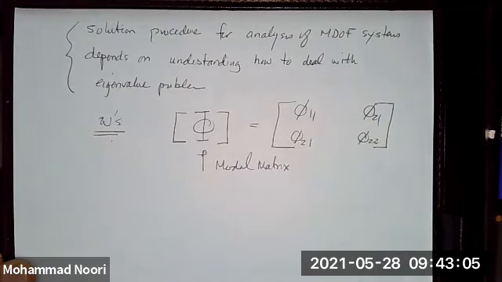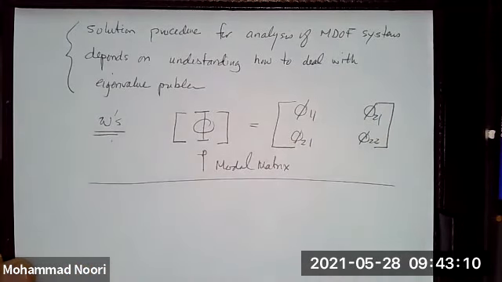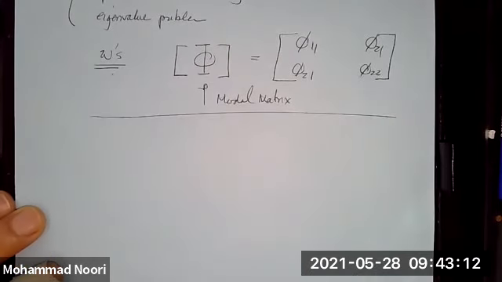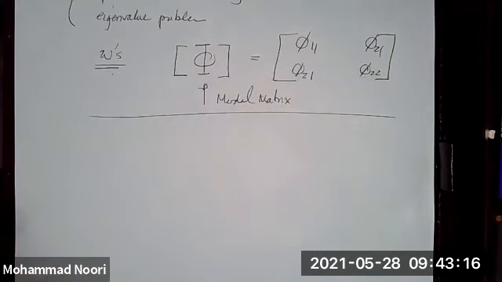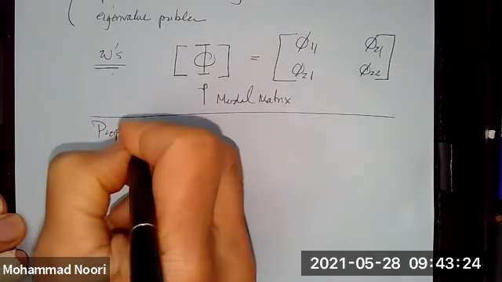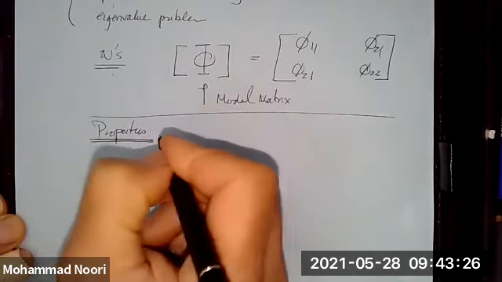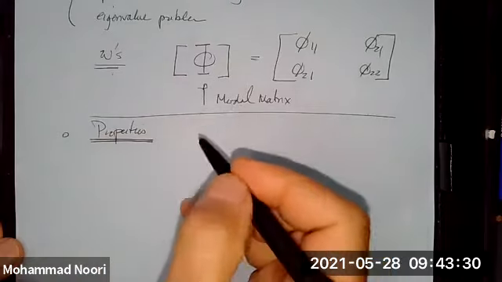With this definition, let's understand the properties of these mode shapes or eigenvectors. There are three important properties that we need to know that would help us solve the problem in general.